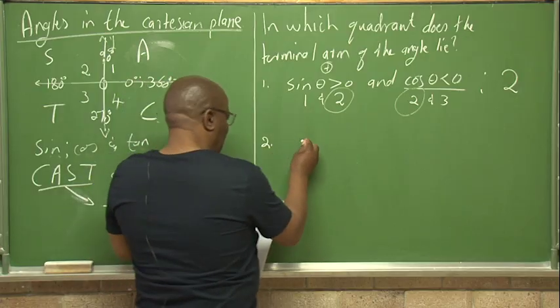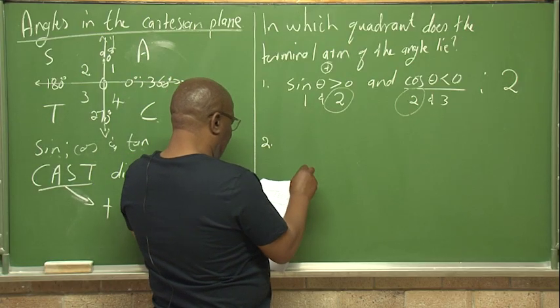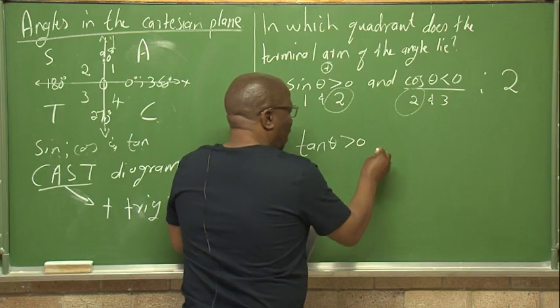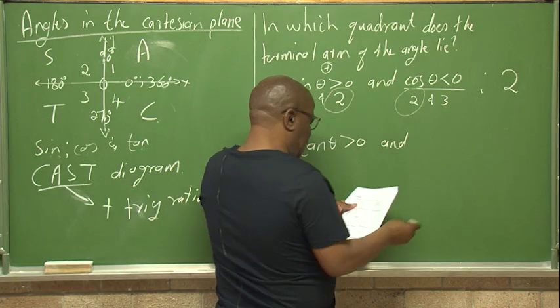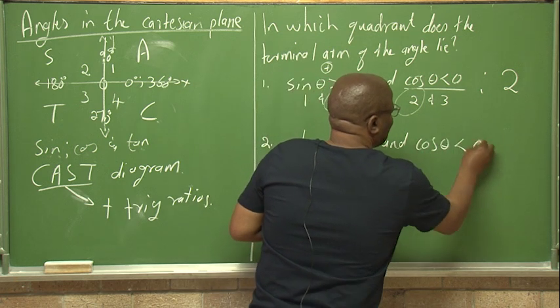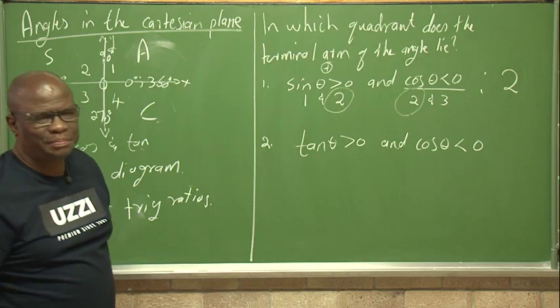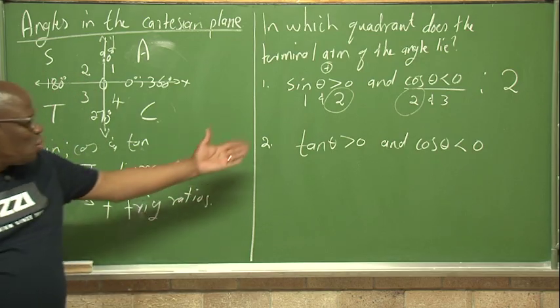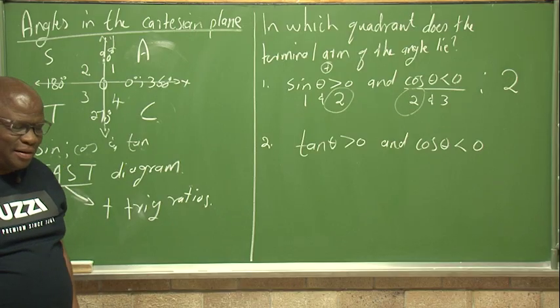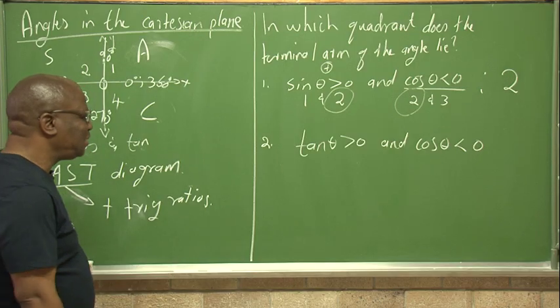For interest's sake, let's take this example where tan theta is greater than 0 and cos theta is less than 0. In which quadrant will the terminal arm of the angle lie? Let's start.